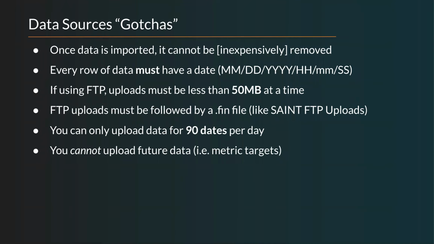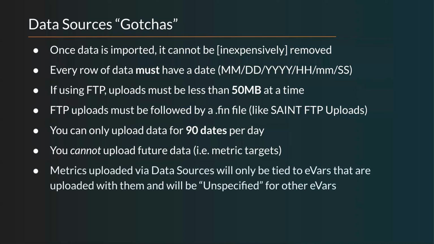And unfortunately, and there's been many suggestions that myself and others have made to change this, but you cannot upload future data. So I've always wanted to use data sources to upload into success event targets, goals that I have for metrics, which would be really cool. But Adobe, to my knowledge, still will not let you upload for a future date. You have to do it only for dates today and in the past.